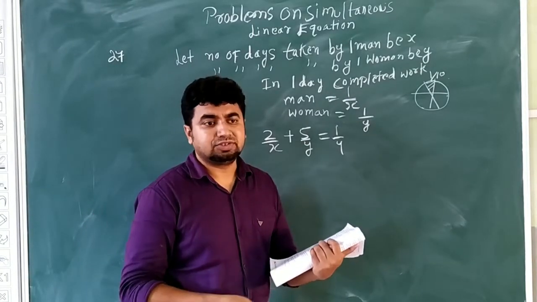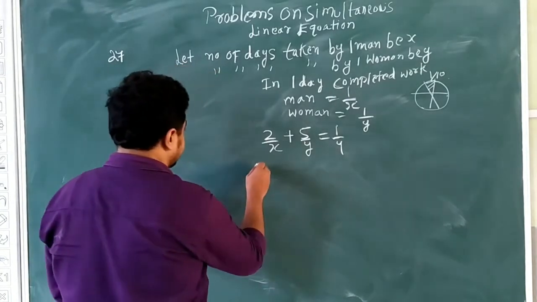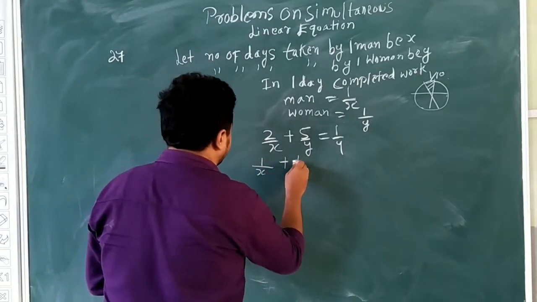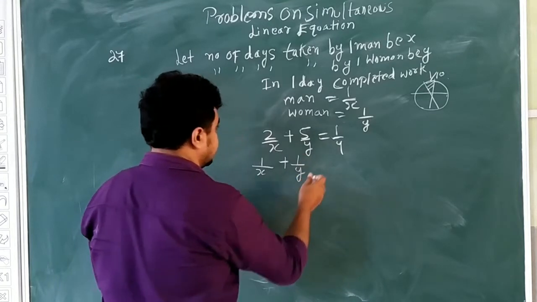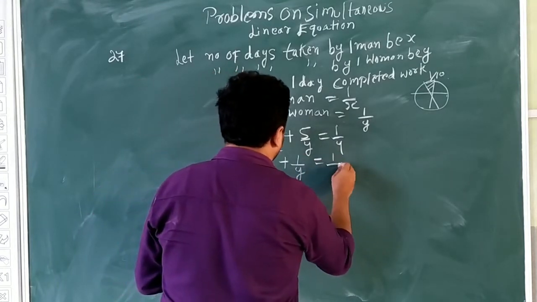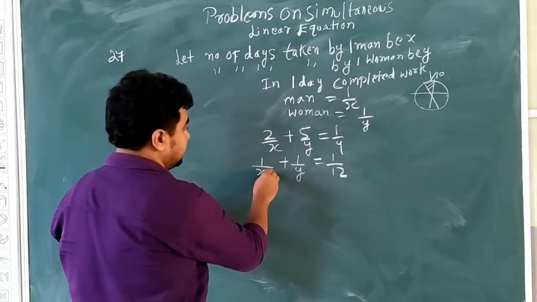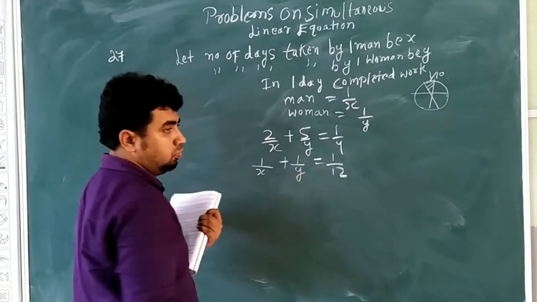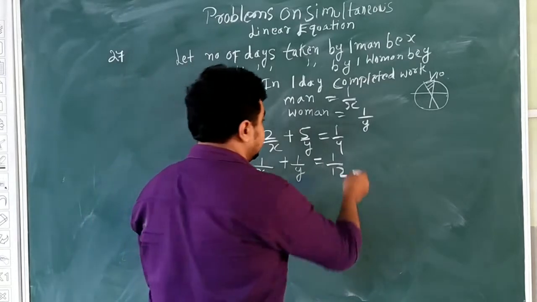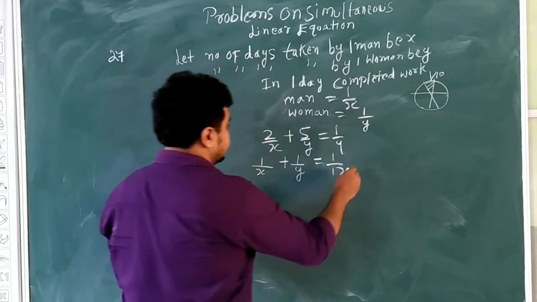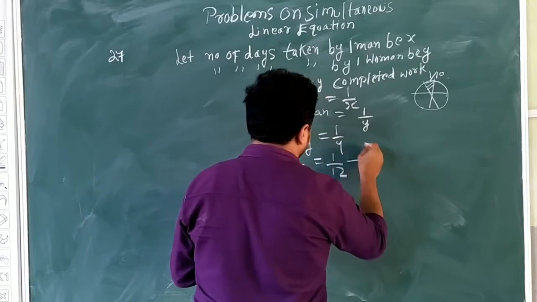So 1 by x plus 1 by y is equal to 1 by 12. So this is the second equation. 1 man is doing 1 by x work, 1 woman is doing 1 by y work, and in 1 day 1 by 12 of the work is completed. So this is equation 2, this is equation 1.